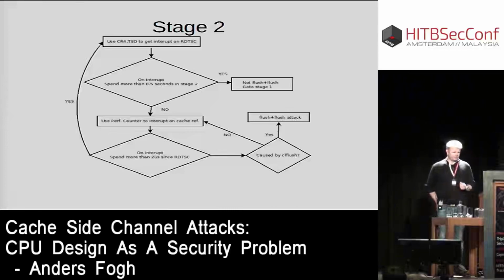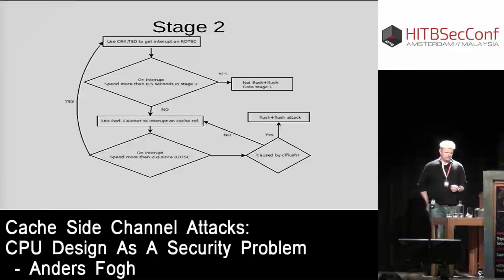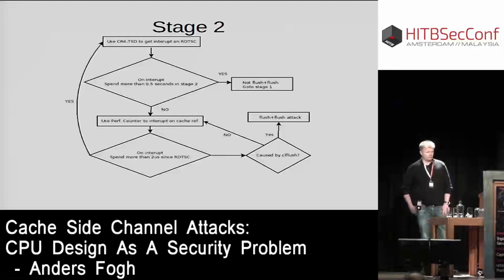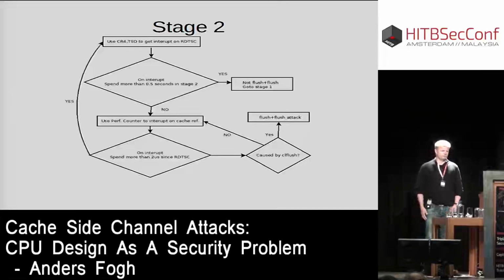If, however, it was fast enough after the RDTSC instruction, we'll use the interrupt stack frame to find out where in memory the instruction that caused the cache reference was placed, and we'll read memory there to check if it's a CL flush instruction. Obviously, if it was a CL flush instruction, we will assume that this is a flush and flush attack. And that is a pretty fair assumption given that RDTSC instructions are rare and CL flush instructions are really, really rare.